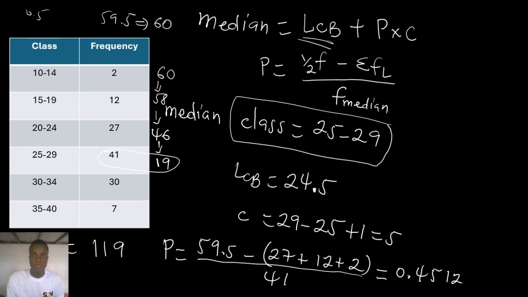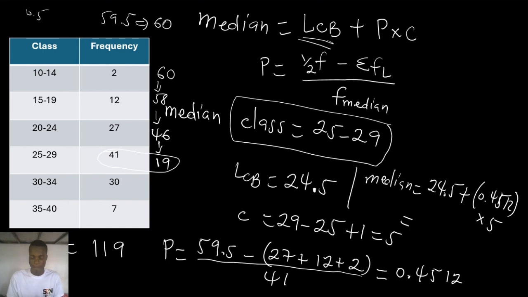So at the end, we go back to the median, right? Our median is equal to the lower class boundary, 24.5, plus the proportion, 0.4512, multiplied by the class size, which is 5. Then we just put this in the calculator.